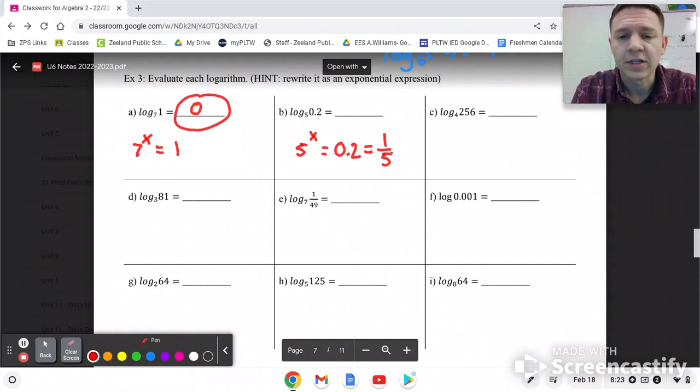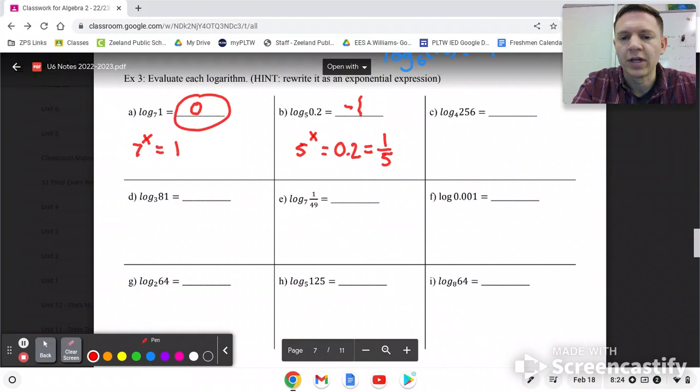Based on our exponent rules from 6.1, we know that negative exponents will flip a base to the other side of the fraction. So in this case, 5 to the -1 would be 1/5. That's a little confusing, but 5 raised to the -1 is 1/5. If you don't believe that or you're unsure, go check in your calculator. It's always good to check.